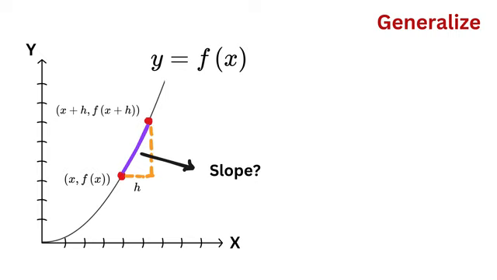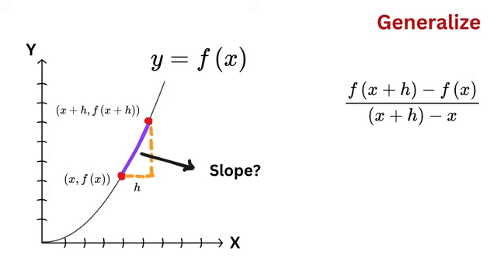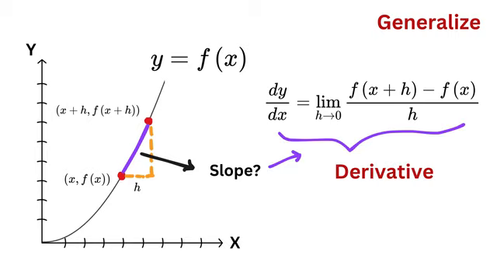So, the slope of this line will be f of x plus h minus f of x over x plus h minus x, right? This will get cancelled out, and we are left with f of x plus h minus f of x over h. Finally, we put a limit here which shows h tends to 0, and that's it. This is the derivative of the function y, or f of x, with respect to x.